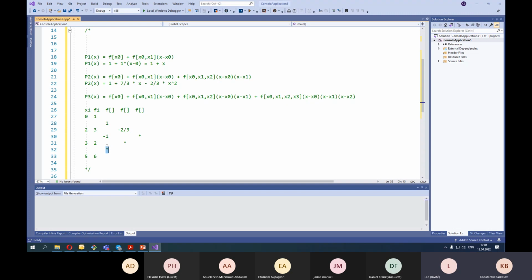What will be the value for this divided difference? You should take these two points and, in a similar way, compute this one. What will be the answer?